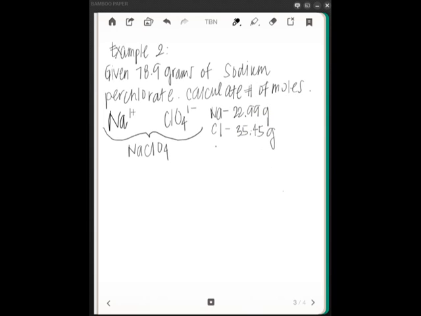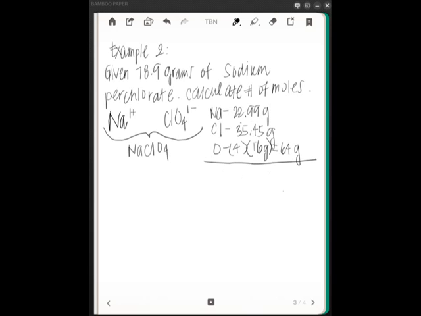And then you have 4 oxygens. For oxygen, you do 4 times the amount of AMU listed on the periodic table, so that would be 16 grams, which would be in total 64 grams of oxygen in this compound.